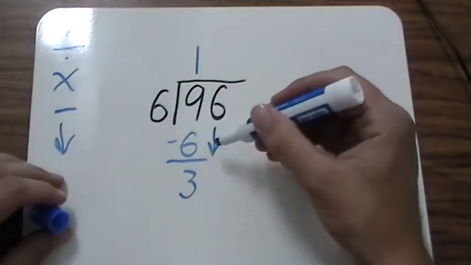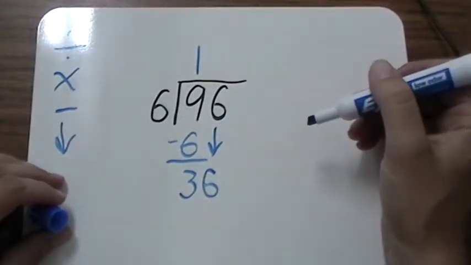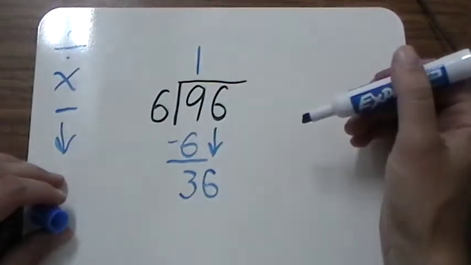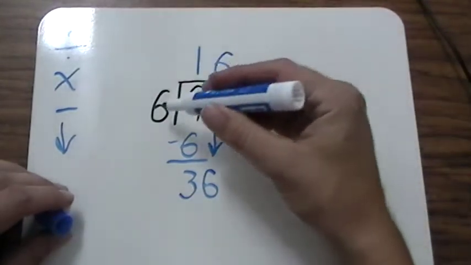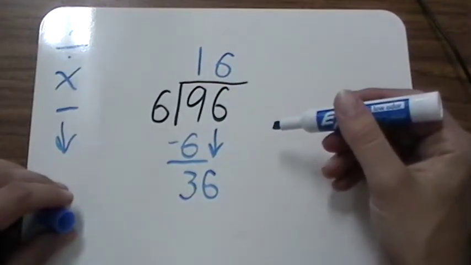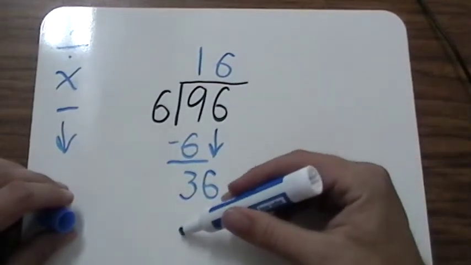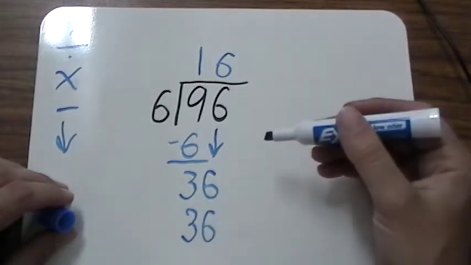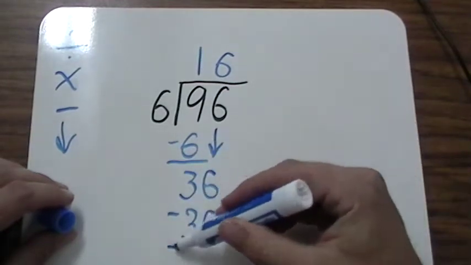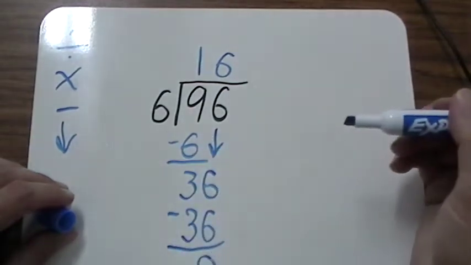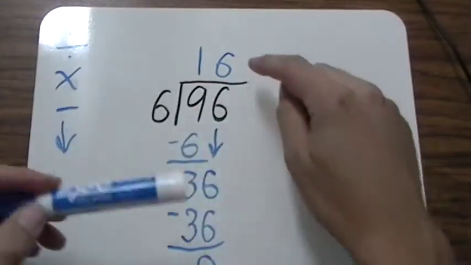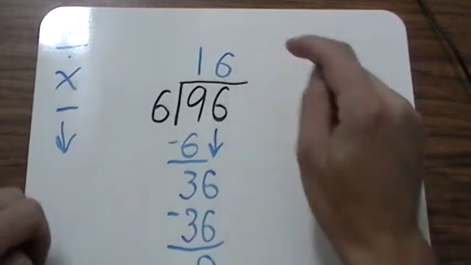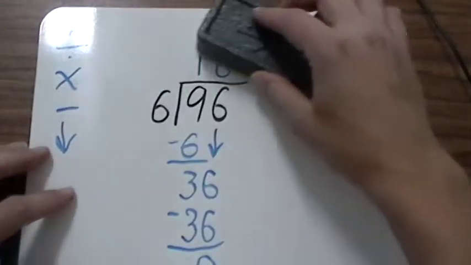Bring down the 6. 36. 36 divided by 6 is 6. 6 times 6, well, I'm a monkey, I do tricks. 6 times 6 is 36. 36 subtract 36, you get 0. There's nothing left over. So what's your quotient? Your answer is 16. All right, there's a little bit of division review.